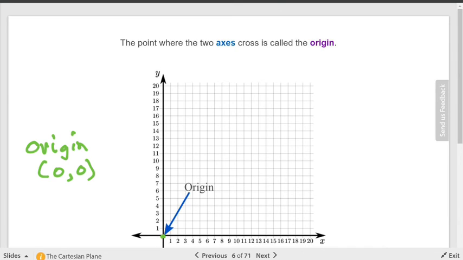Because that means go right none and what? Up none. Right none, left none, up none, down none. So 0, 0. So the coordinates for the origin are always what numbers? 0, 0. Does that make sense? Go none. 0 means none.